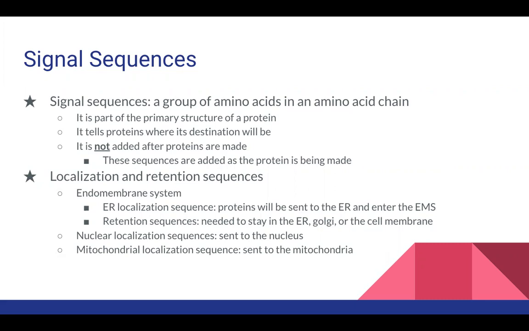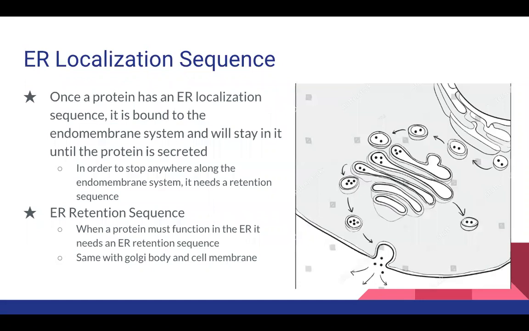And for the nucleus, it needs a nuclear localization sequence, and for mitochondria, same thing, it needs a mitochondrial localization sequence. For ER localization, once the protein has that sequence, it's going to be bound into the endomembrane system, and it's going to stay in that system until it's secreted.